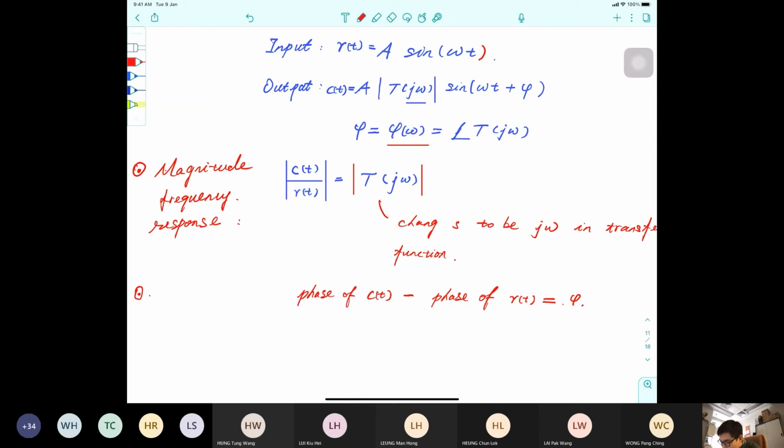Actually, phi equals the angle of T(j omega). I'll show you the detail later on. And you should know we call this phi the phase frequency response.